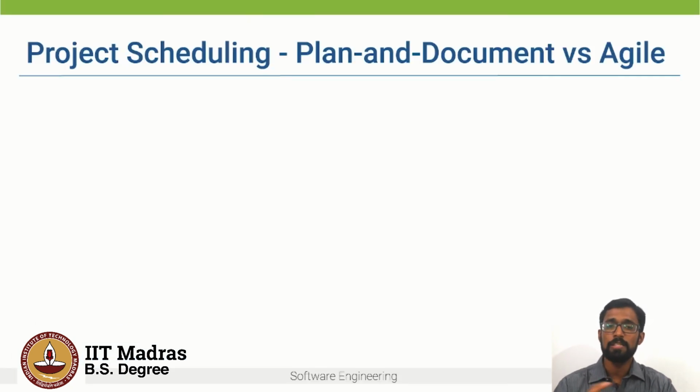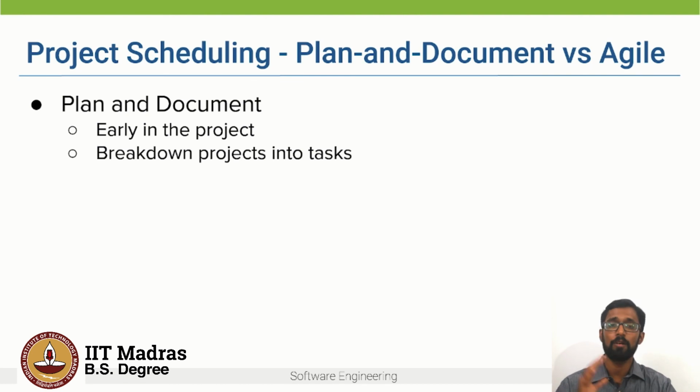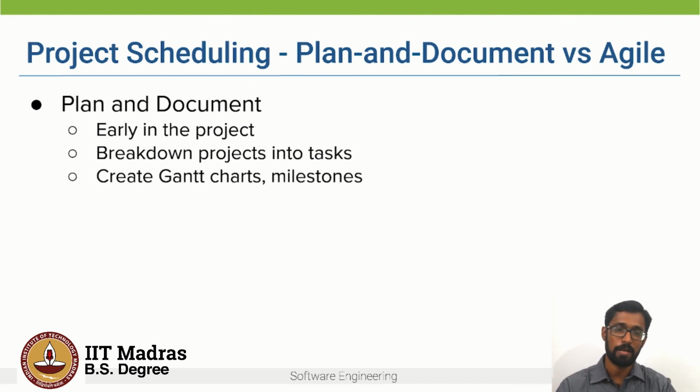Now we compare project scheduling in the plan and document and the agile perspectives. In the plan and document perspective, it is done early in the project, right at the start, where we break down the project into tasks and then create Gantt charts and milestones which define the schedule of the project.